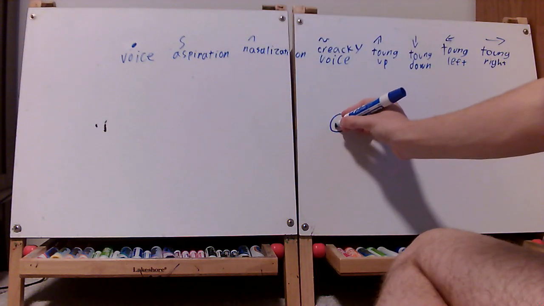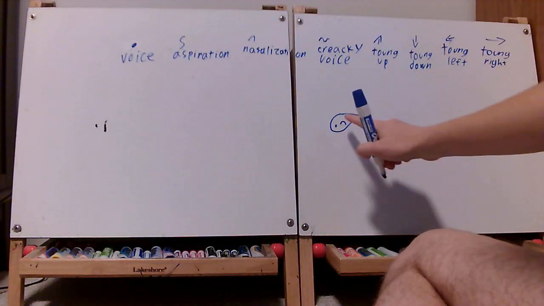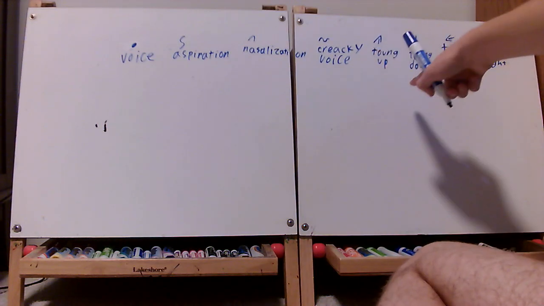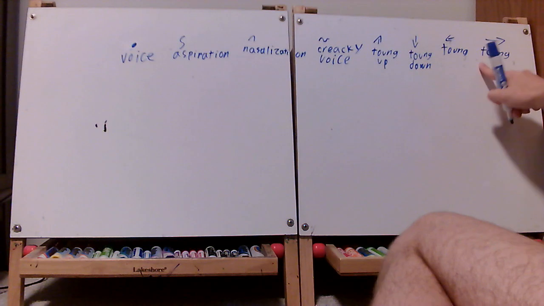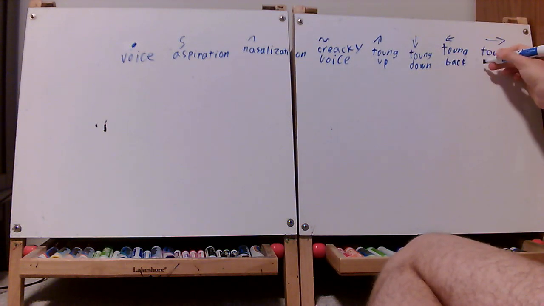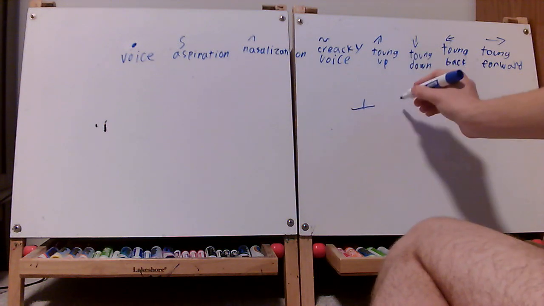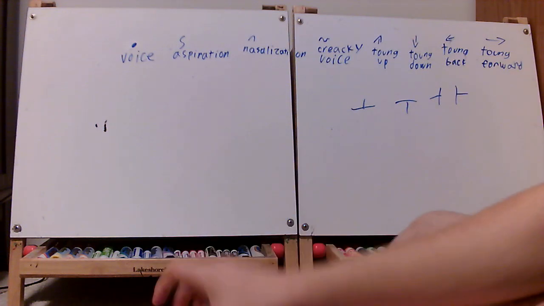I'll voice it for this. And we have like, creaky voice, we have tongue up, tongue down, tongue, oh wait, not left, back, and forward. They're pretty much the forms of these in the IPA, those guys.